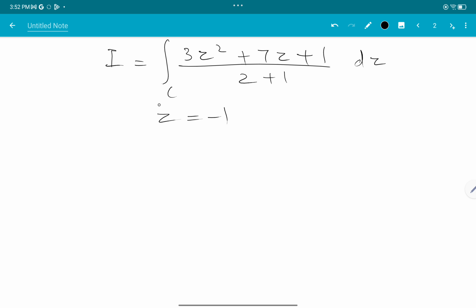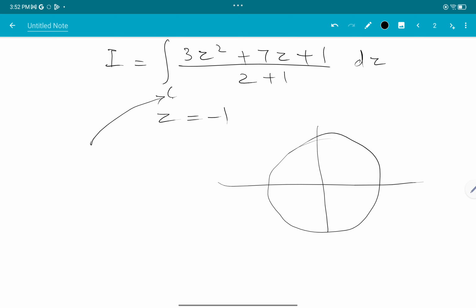Suppose the curve in the complex plane encloses this point, with z equal to minus 1 here. Since minus 1 lies within the curve, the singularity lies within the curve, so the value of this integral along this curve will not be 0.